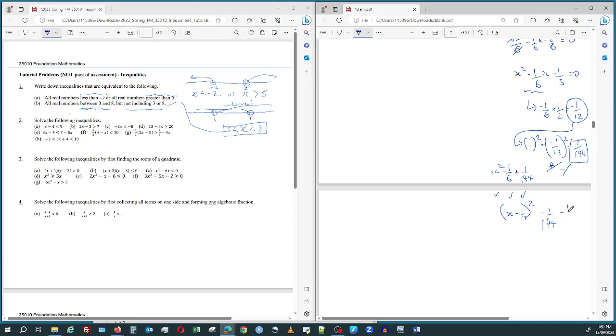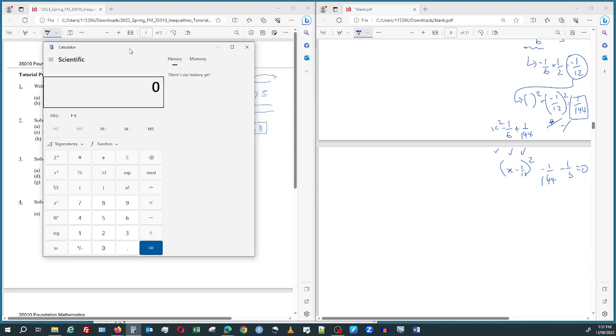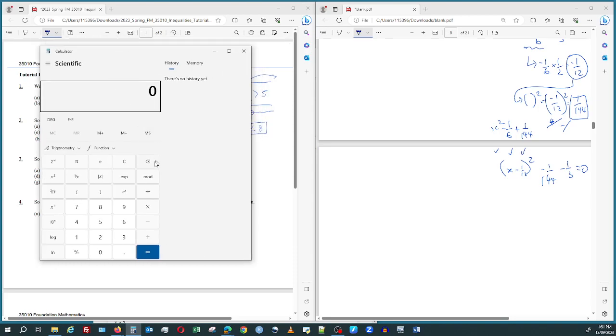And then we've got minus 1/3 on the left, keeping everything on the left because we're nearly there with the shifter. Now this is annoying because we've got to do a little calculation. Now I know, I understand that, but I want to make sure that you're bulletproof with completing the square. So I'm just going to do 144 divided by 3 and see if that works. 48.